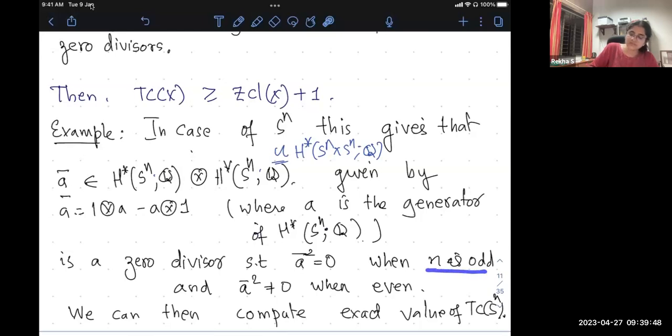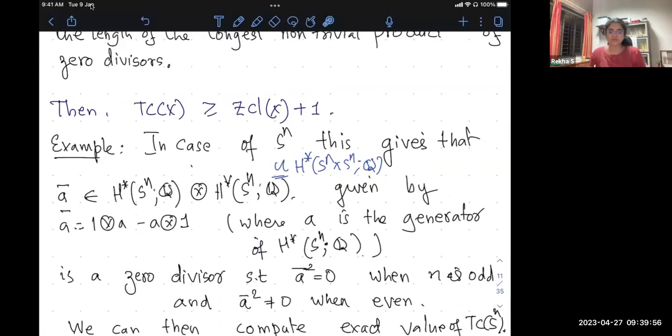Okay. So this gives a different lower bound when n is odd and a different lower bound when n is even. One then computes the upper bound for this, and this actually gives a sharp lower bound. So one is able to show that in the case of the odd Sn, TC is actually given by 2, and when n is even, TC of Sn is actually 3.